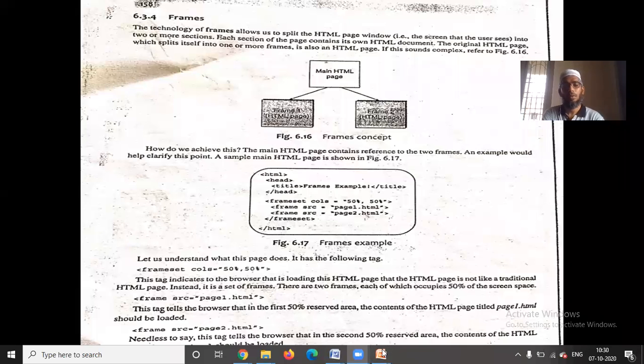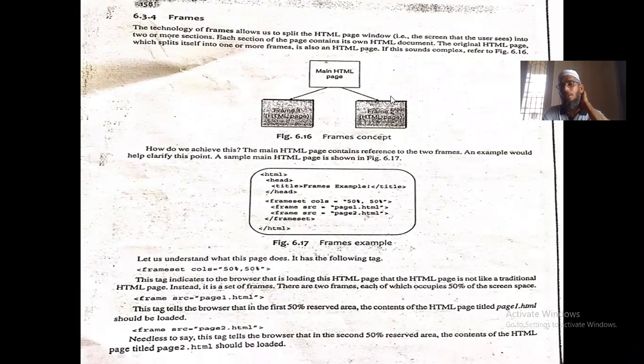So now, what actually is a frame? The frame technology is where we split the entire HTML page into several windows. Means the user screen has been split into different windows, where in each window a separate item is displayed.